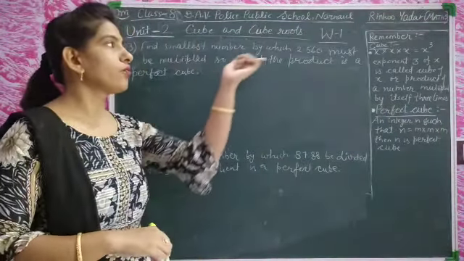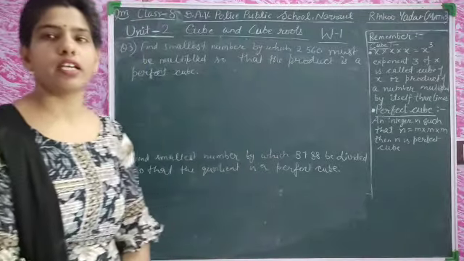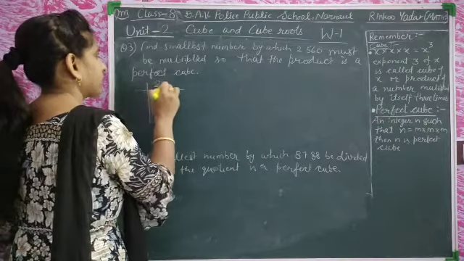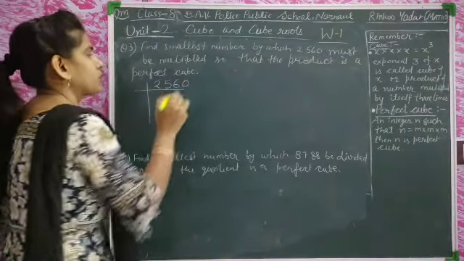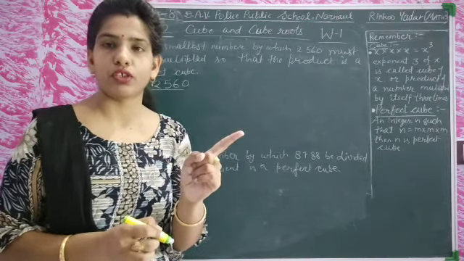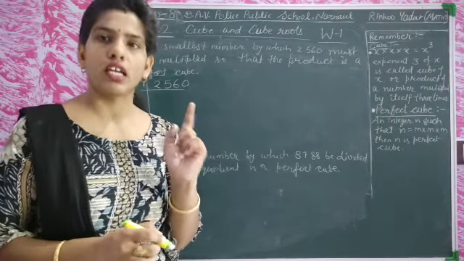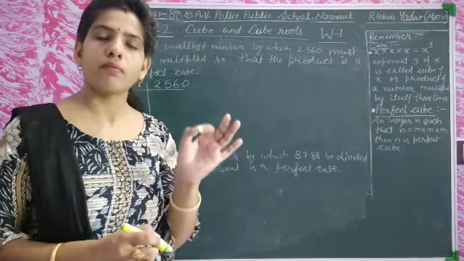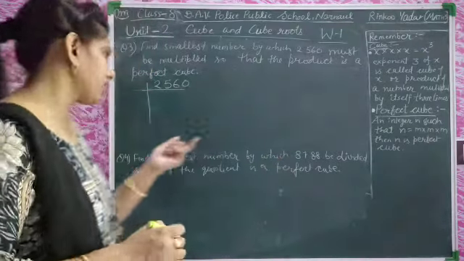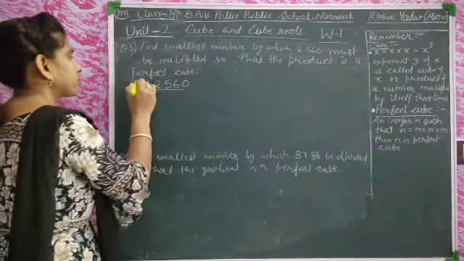Then find what number we must multiply. By prime factorization, the same method. 2560, because we have seen in the previous questions that this is not a perfect cube. It means there is a need for a number that should be multiplied or divided. That is the question here.